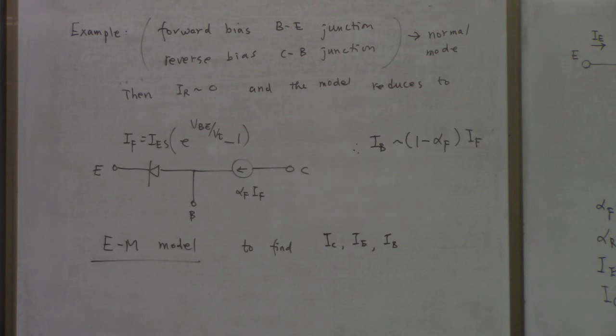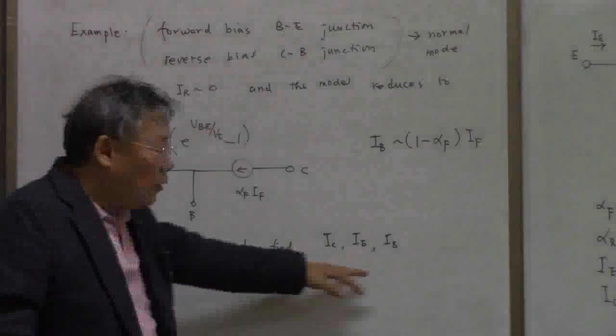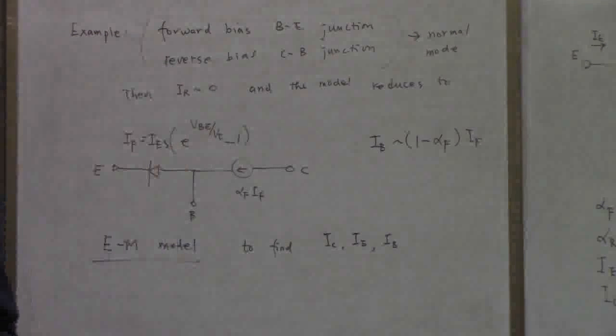The Ebers-Moll transistor model is just a simplified form, a tool that can be used to find the terminal currents. But we have to look into the physical mechanisms in the bipolar transistors in more detail in terms of the charges, to understand the physics of what's going on in the bipolar transistors, and that will be done next Wednesday.